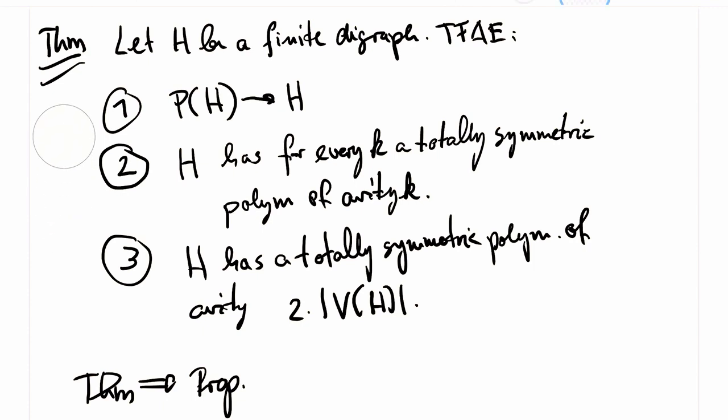We now want to prove the theorem. And to prove the theorem, well, it's clear that 2 implies 3. 1 implies 2 will be fairly easy. And we'll finally prove 3 implies 1.